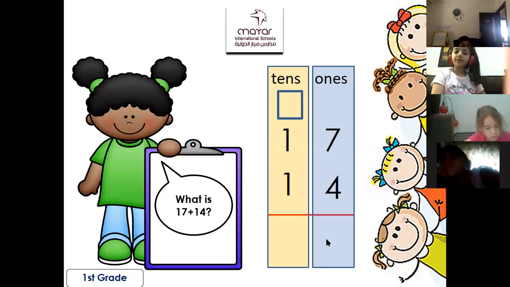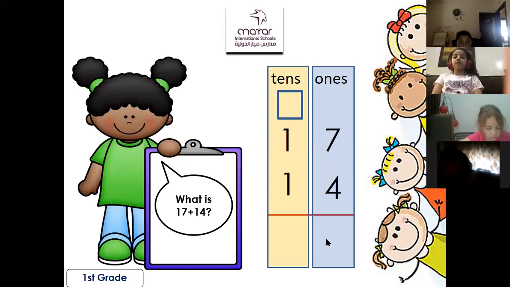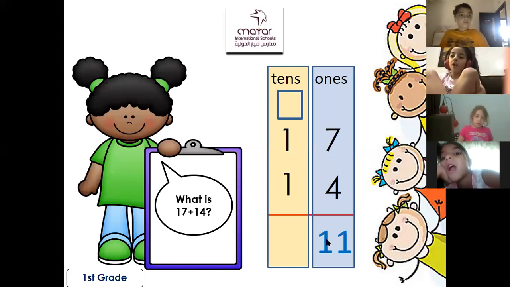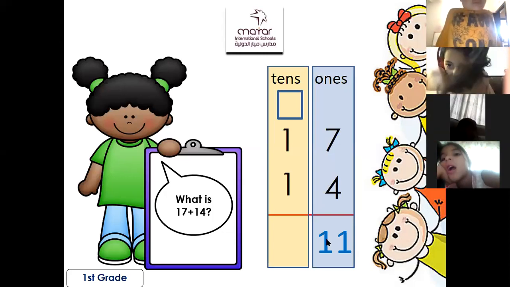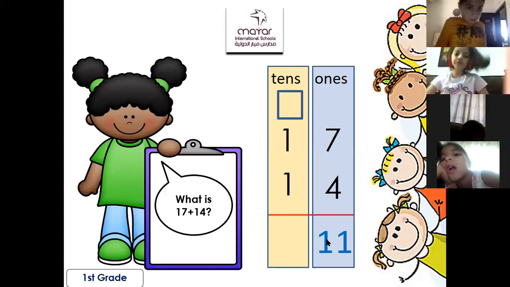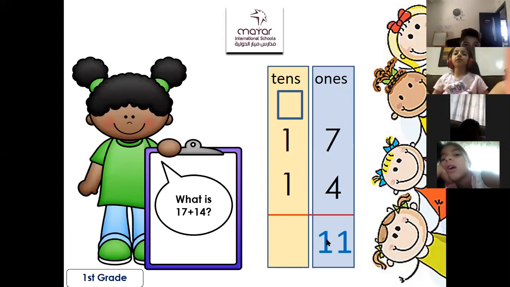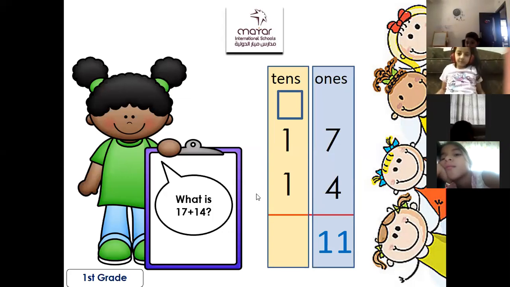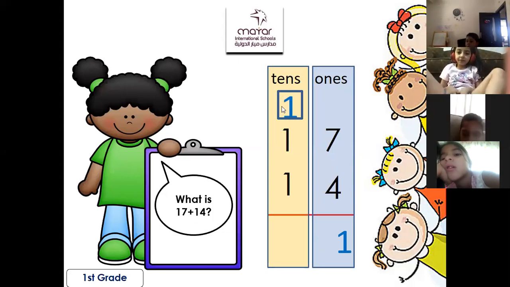So it's 11. What will we do with the 11, Zana? The one and the one up. Excellent, Zana. We're going to put the 1 from the 10s up. Can you do it for me? So now what do we do, Zana? How do we count this? 1, 3.